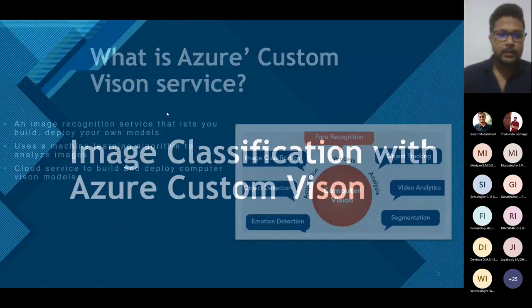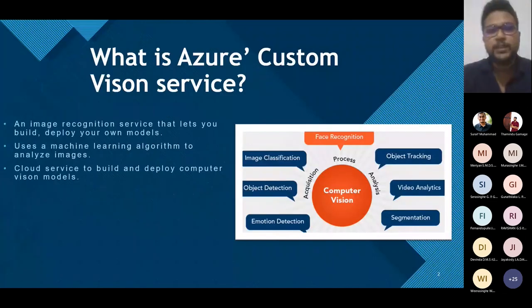Right. What is Azure's Custom Vision service? First of all, coming back from the last session that we conducted on cognitive services, there is a set of features they provide us, right? Among them, computer vision is one of them. As you can see in this diagram, it provides several features like image classification, object detection, emotion detection, and so many things, also facial recognition services.